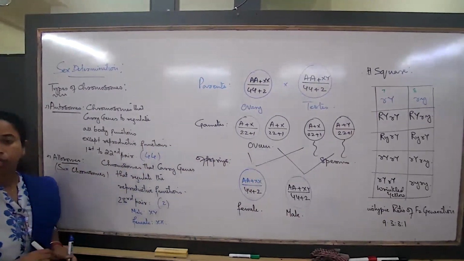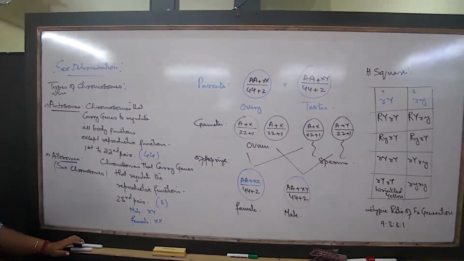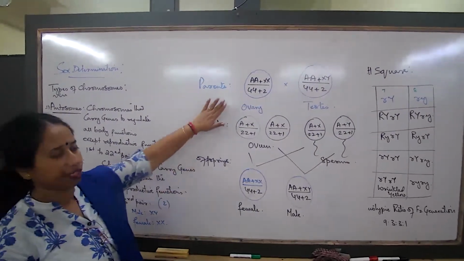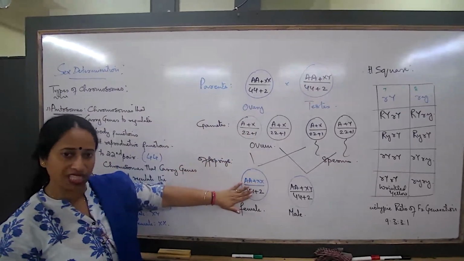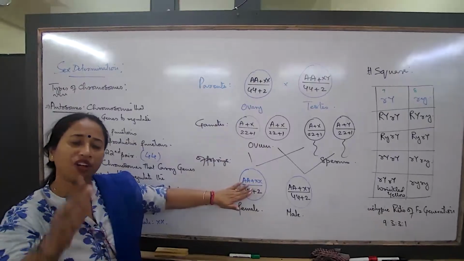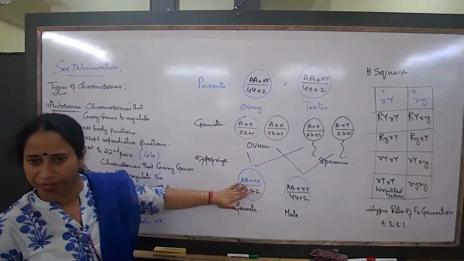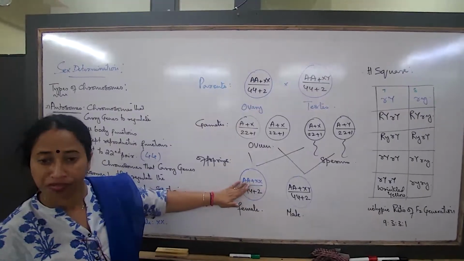Correct है? So you are asked questions that what is the probability that during the process of fertilization the zygote will give rise to a male offspring or a female offspring? The probability क्या है? 50%. क्यों 50%?